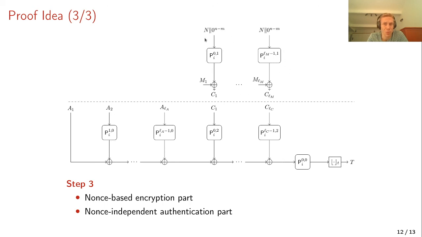This is just counter mode based on the nonce, and if you repeat the nonce you have insecurity. So confidentiality, the encryption portion, is secure only against nonce-respecting attackers. For authentication, you have a nonce here, so nonce is the first part of A1, but it doesn't influence the security. So this scheme is even secure under nonce misuse. And this is how we proved security in a nutshell.